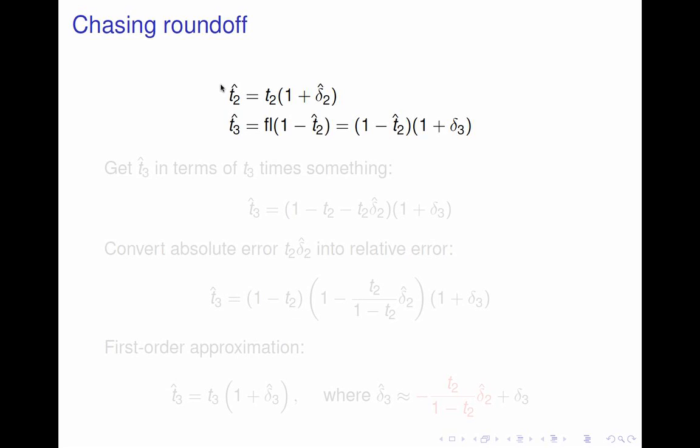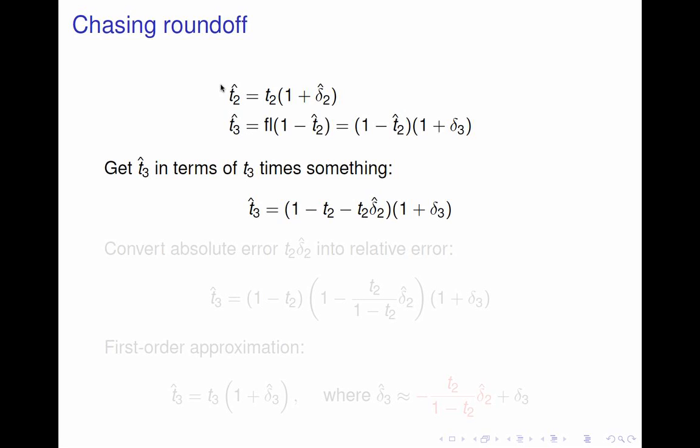So the true t3 is 1 minus the square root of 1 minus z. So what this means is we're going to take the error that was propagated through to get t2 hat, and that's going to be an absolute error of t2 times delta 2 hat. Right? Well, that's an absolute error. That's not quite what we want. So we've now got an expression that involves 1 minus t2.